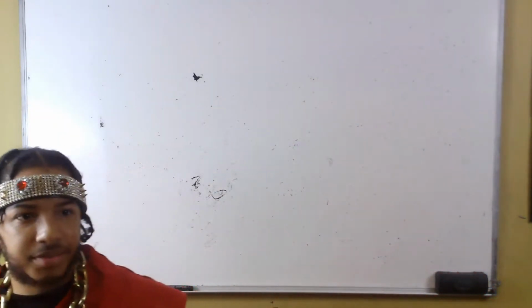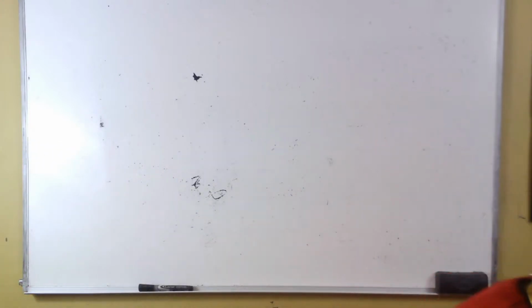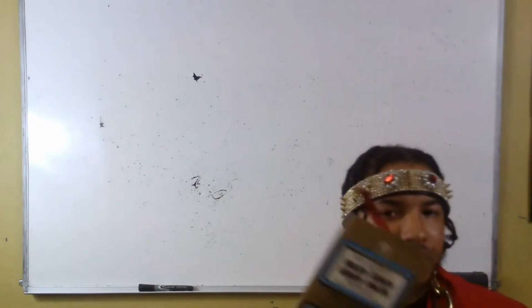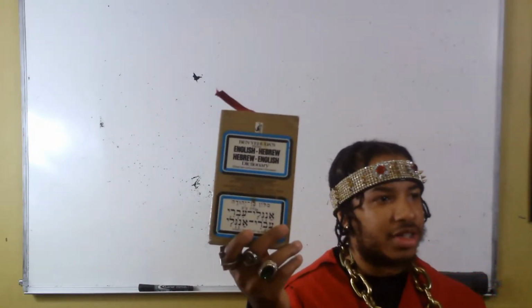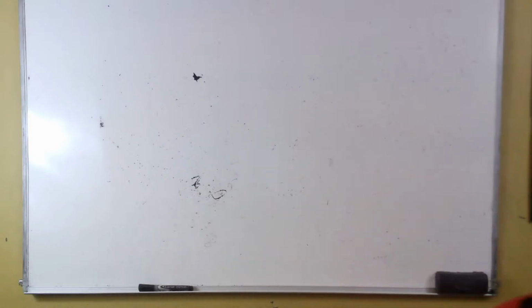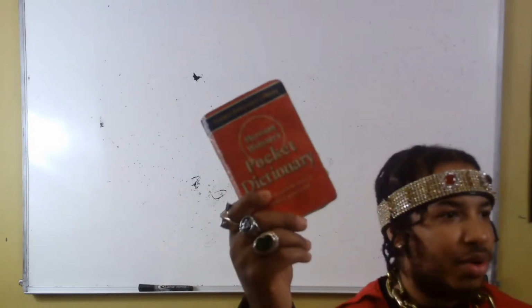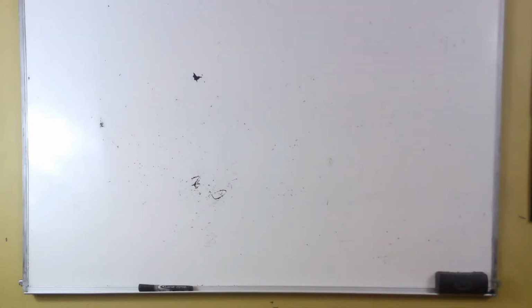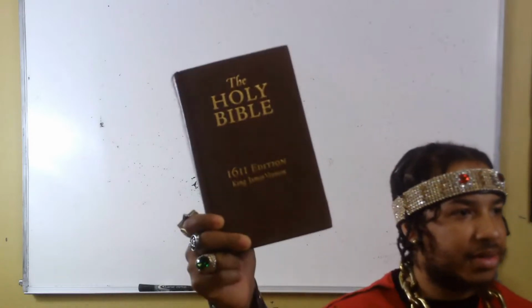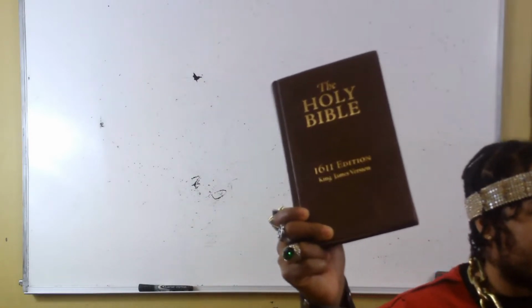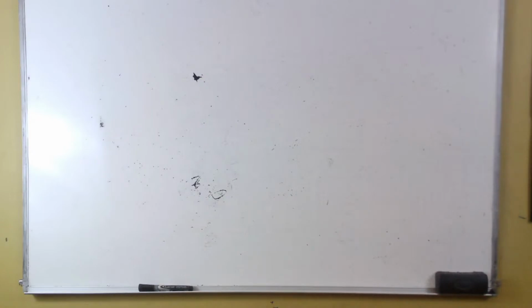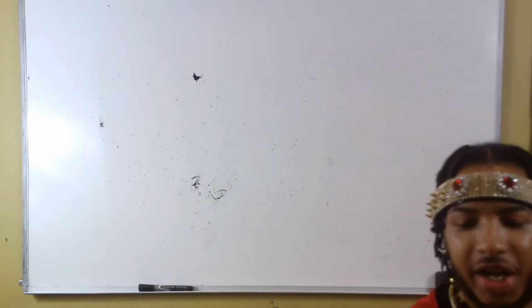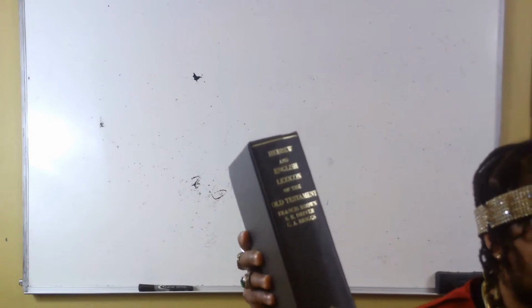This is the New Testament in Hebrew. Next, in Yehuda, the English to Hebrew, Hebrew to English dictionary. Merriam-Webster's Pocket Dictionary. King James, 1611, the 1611 King James Edition Bible. I'm not sure if you can find this. Hebrew and English lexicon of the Old Testament.